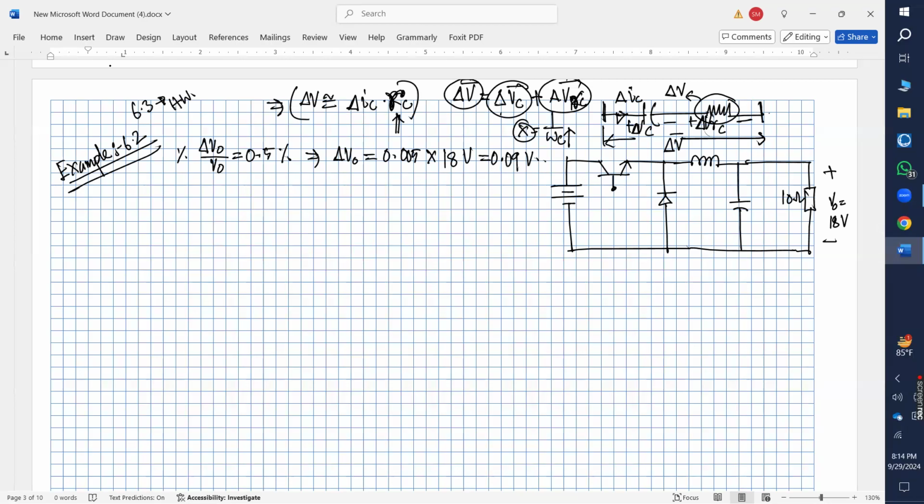So now it is said the DC supply voltage is 48 volt. So your Vs is nothing but 48 volt. And then they said design for continuous current.